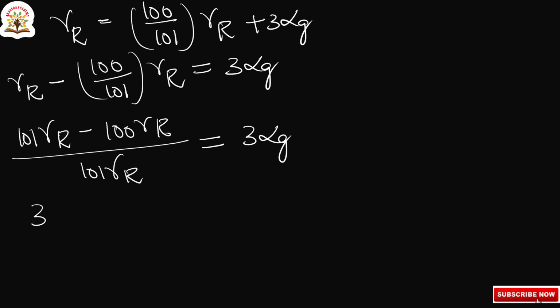So 3 alpha g is equal to gamma R by 101.